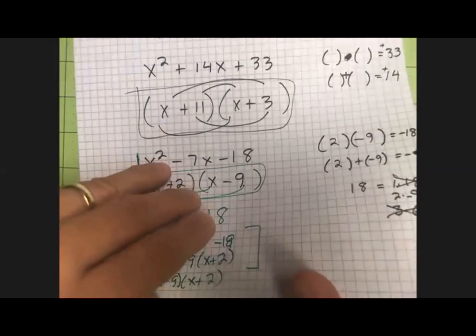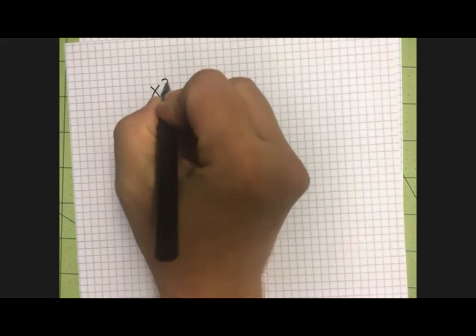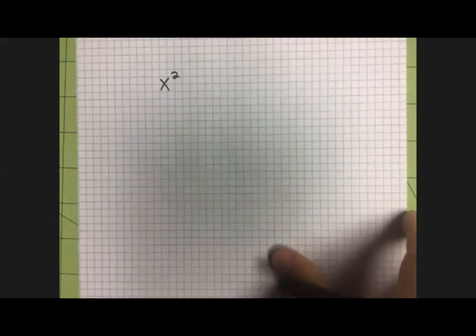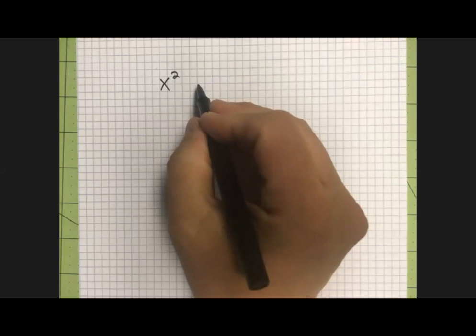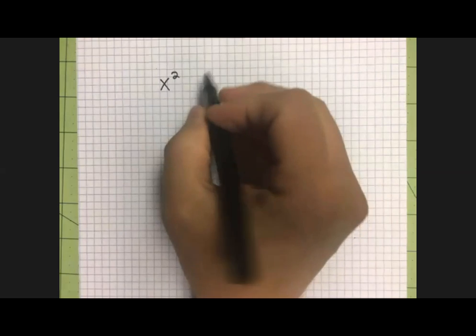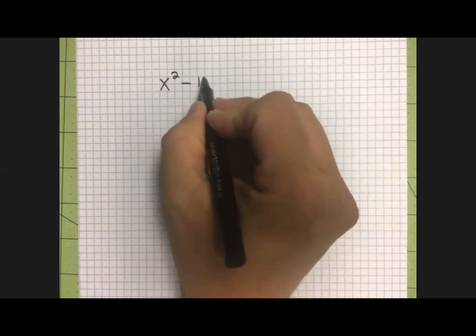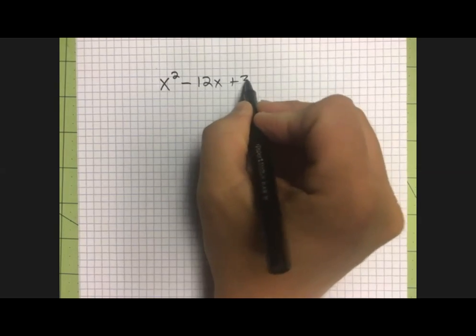Let me test you one more time, and then we'll show you what happens if the number doesn't begin with a 1. But I want you to think about this. It's almost impossible for me to make one of these that you can't do now, if you think like that. So let's say x squared minus 12x plus 36.